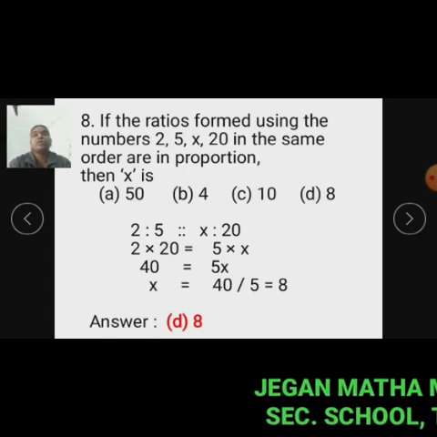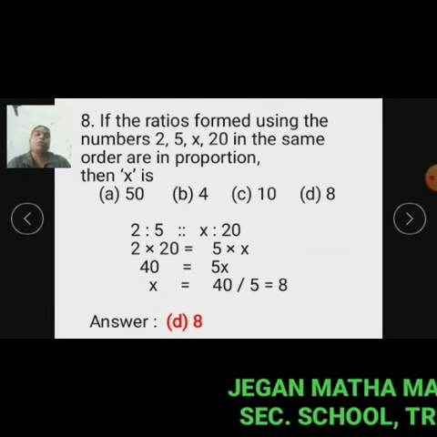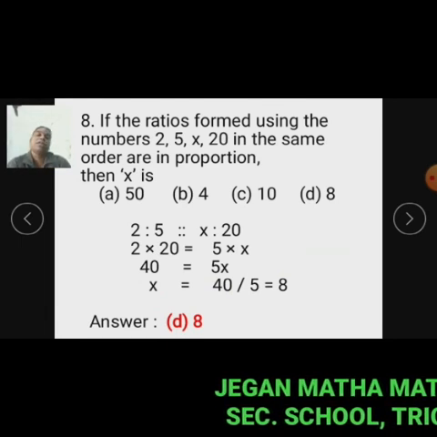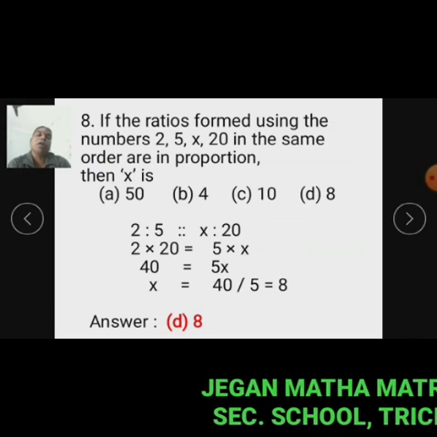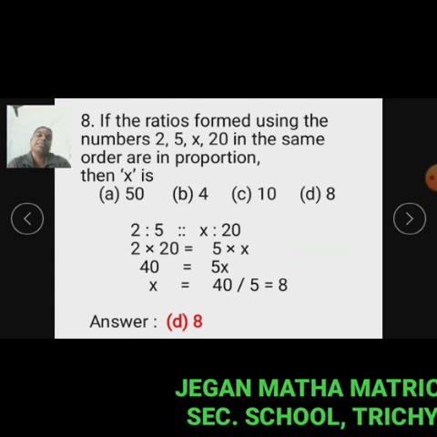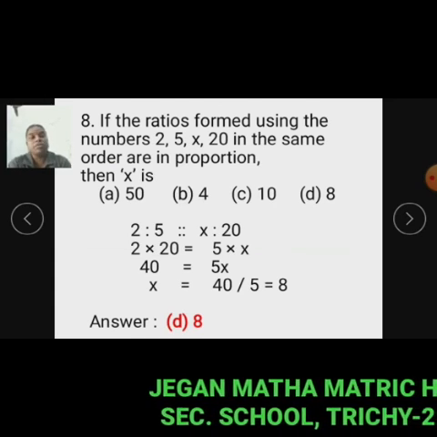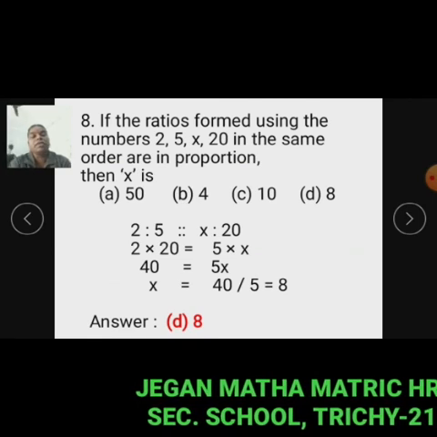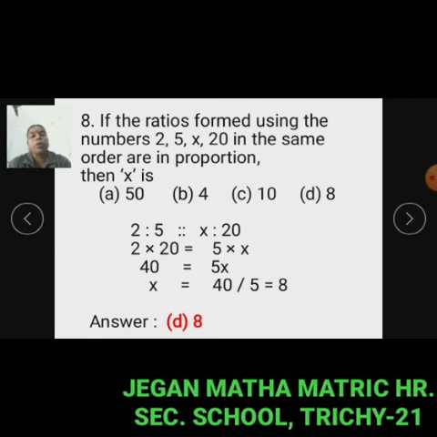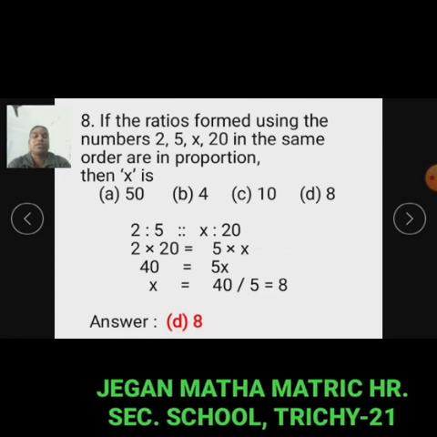Question number 8. If the ratios formed using the numbers 2, 5, x, 20 in the same order are in proportion, then x is option A 50, option B 4, option C 10 and option D 8. 2:5 is proportion to x:20.